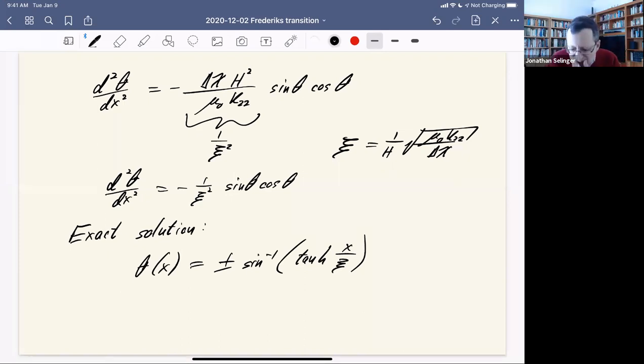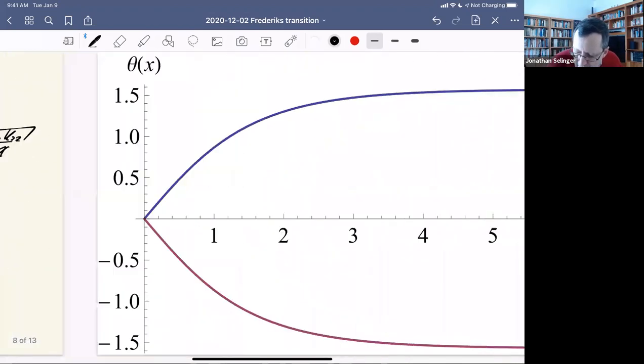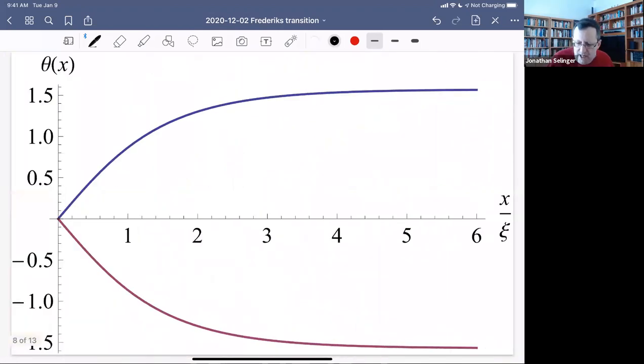Okay. So this is a solution. It's hard to derive, but it's not hard to take this and plug it into the differential equation and verify that it works. The mathematical form is what's shown in this plot.